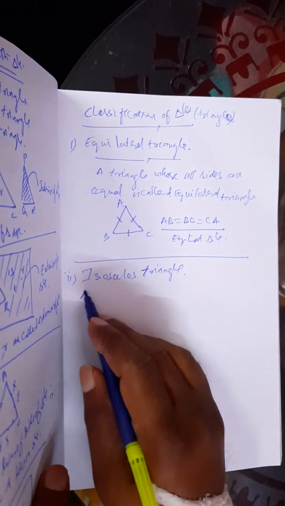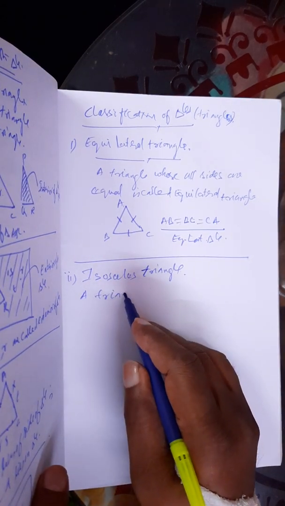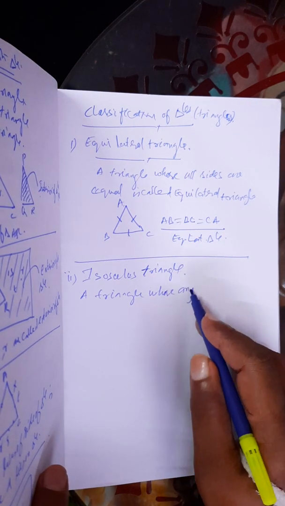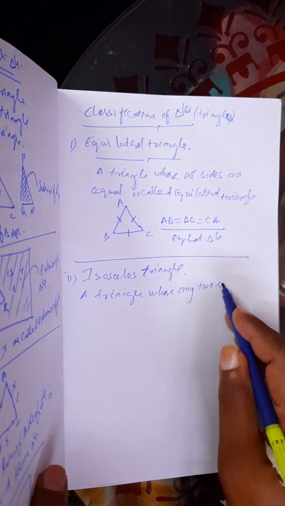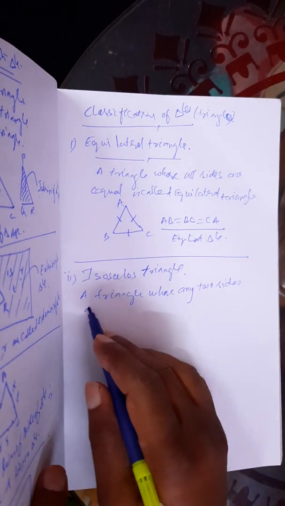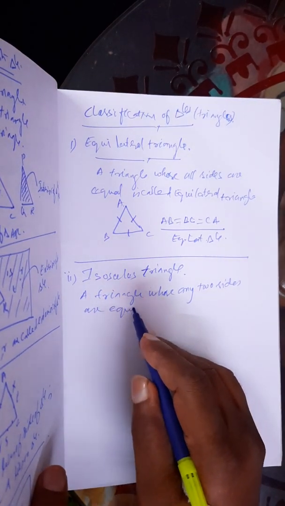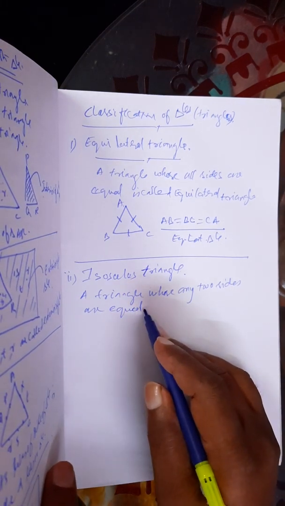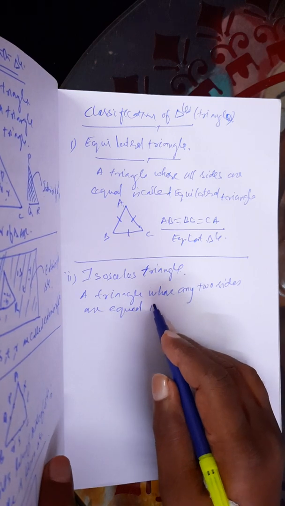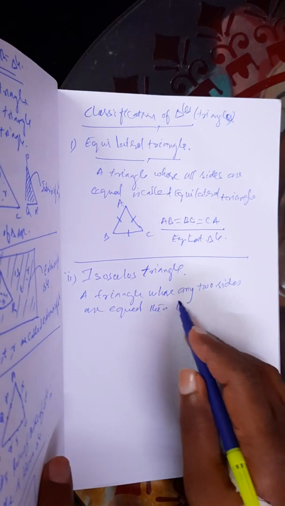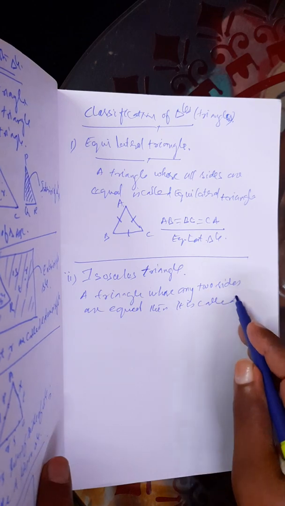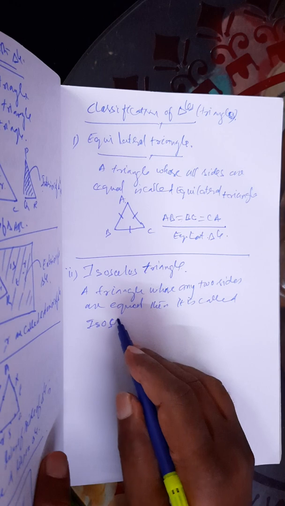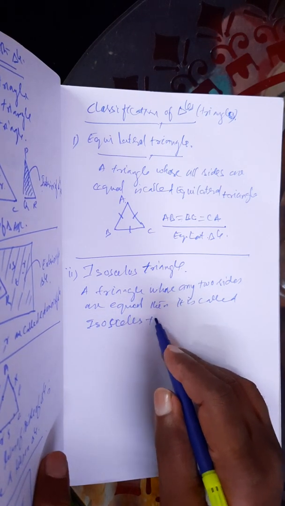A triangle whose any two sides are equal, any two, not all three, then it is called an isosceles triangle.